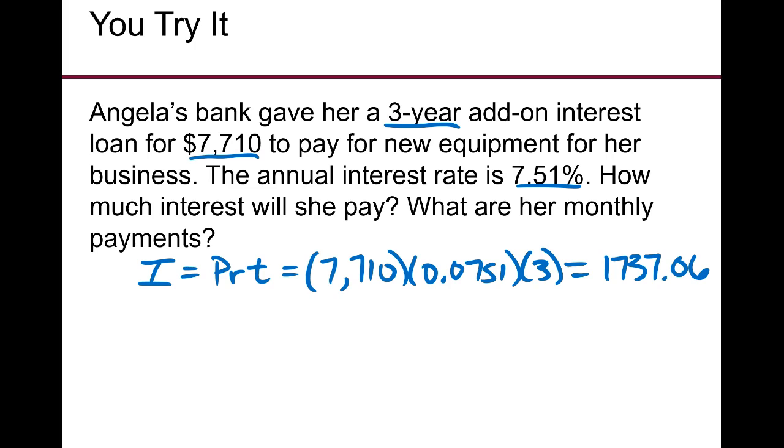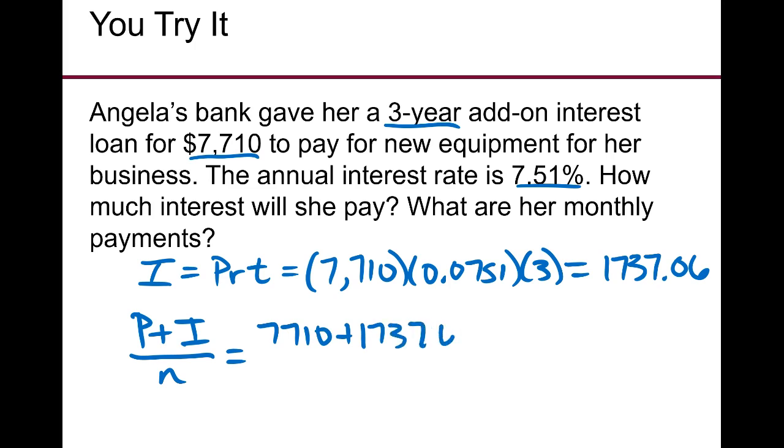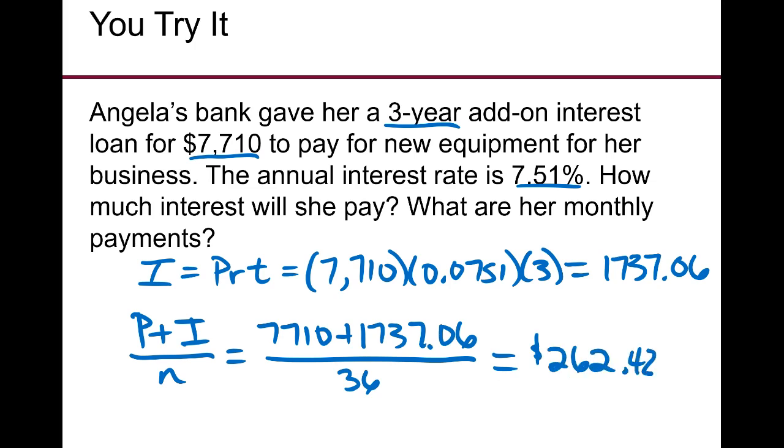And then to find her monthly payments, we take the total amount that she's going to pay, that's the amount she borrows plus the interest, and divide by the number of payments. She's making monthly payments for 3 years, so that's 12 times 3, which is 36. You can check that that works out to a monthly payment of $262.42.